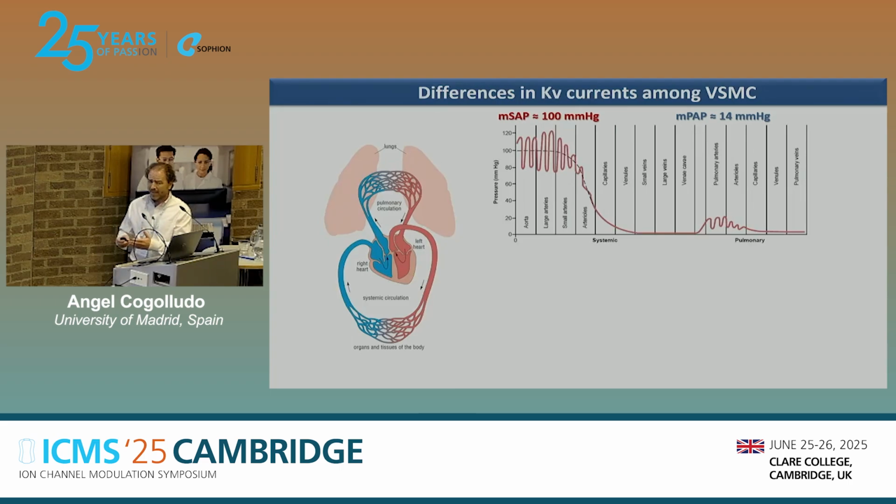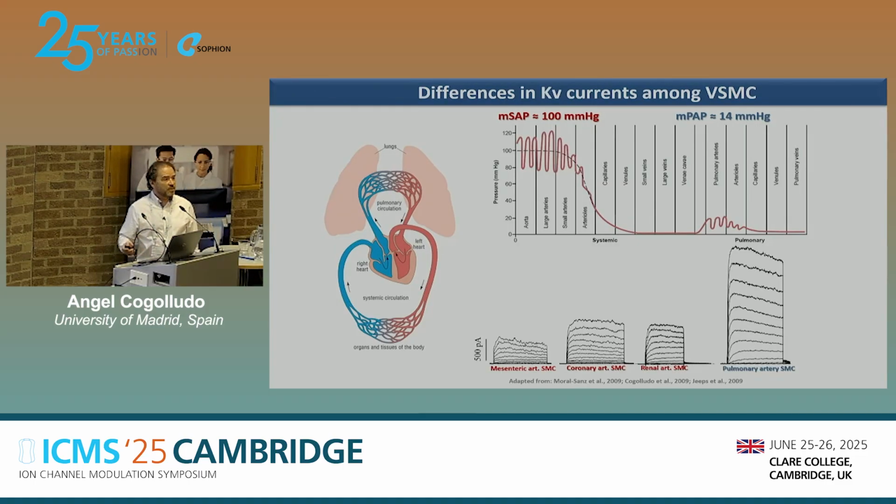So it is conceivable that the mechanisms controlling pulmonary vascular tone may differ substantially from those that control vascular tone in other systemic vessels. And a striking example is Kv channels, because the activity of these potassium channels is much higher in pulmonary vascular smooth muscle cells compared to that recorded in smooth muscle cells from systemic vessels.